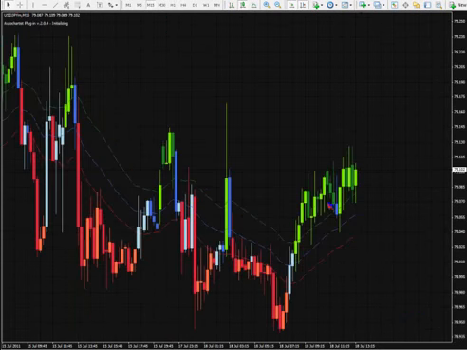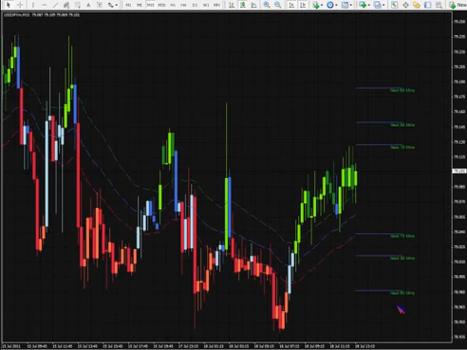Okay? Very handy to have automated right on your screen. And I can do that after the breakout. Actually, I can look at it now and perhaps even confirm my breakout by using some of these projections.